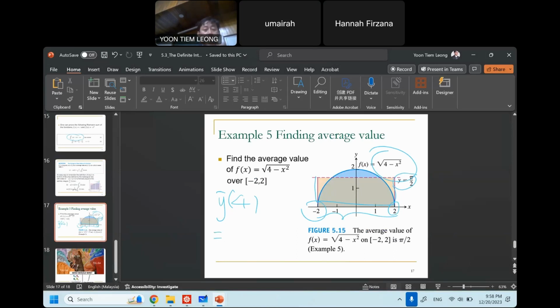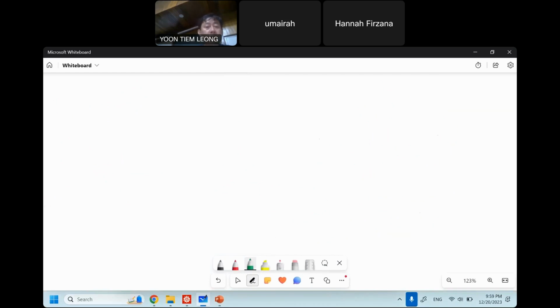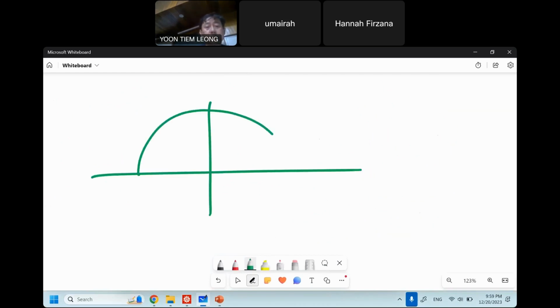Then the area defined by this will just be equal to the integration of this between minus 2 and 2. Therefore, you can easily calculate the value of this integration. Then you get the value of the y bar. So here, let me try to do it again very fast.